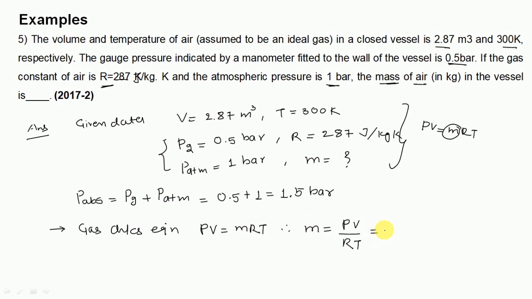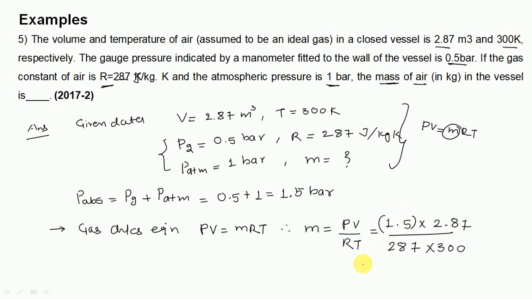So if you put the values, pressure is 1.5, volume is given 2.87 meter cube, R is given 287, and temperature is given 300 Kelvin. Here the pressure is given in bar, and we need to convert it into Newton per meter square.